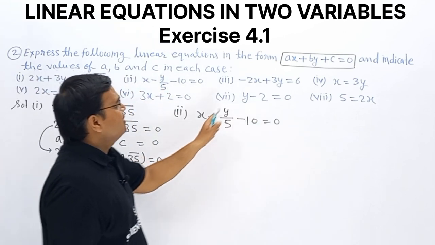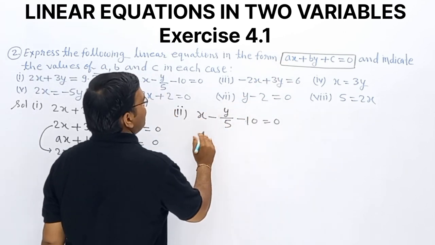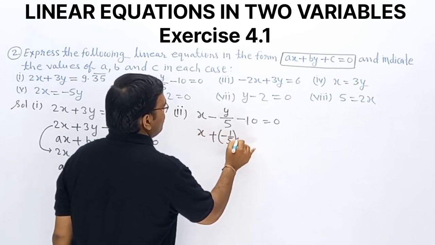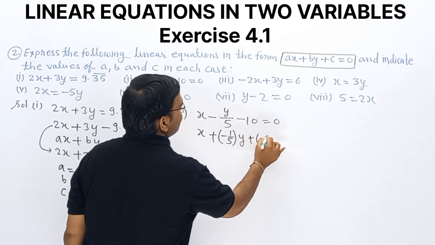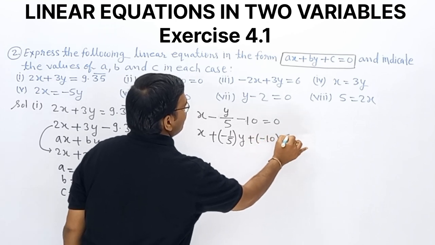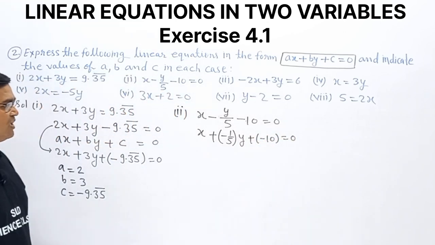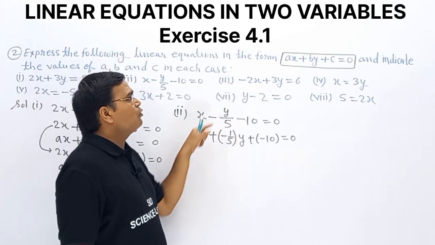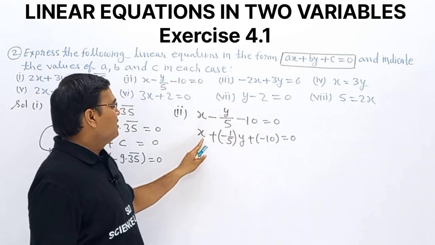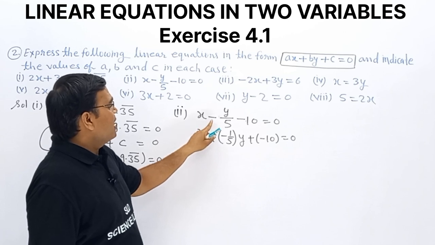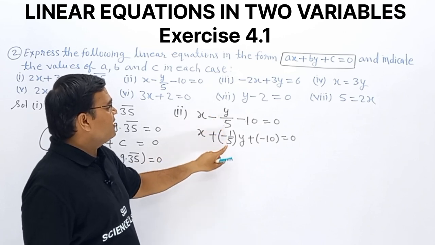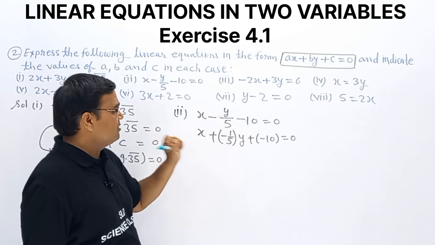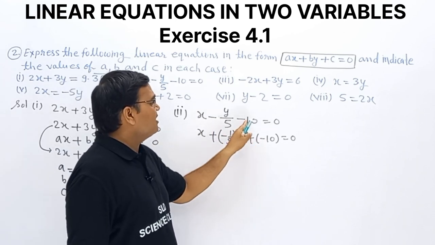So I write x plus minus 1 upon 5 y plus minus 10 equal to 0. This is already the general form, but to compare, I take minus 1 upon 5 as the coefficient of y.